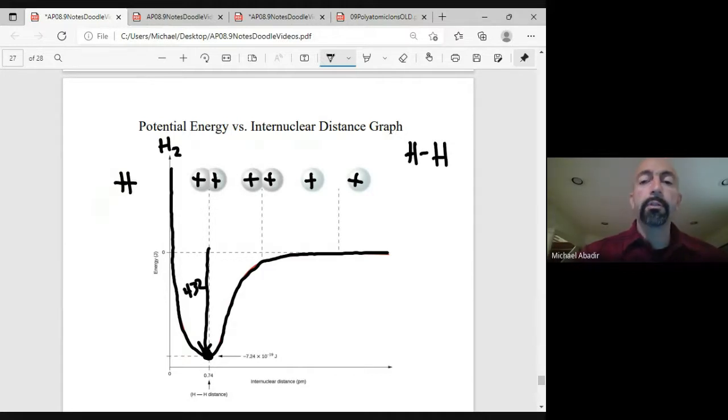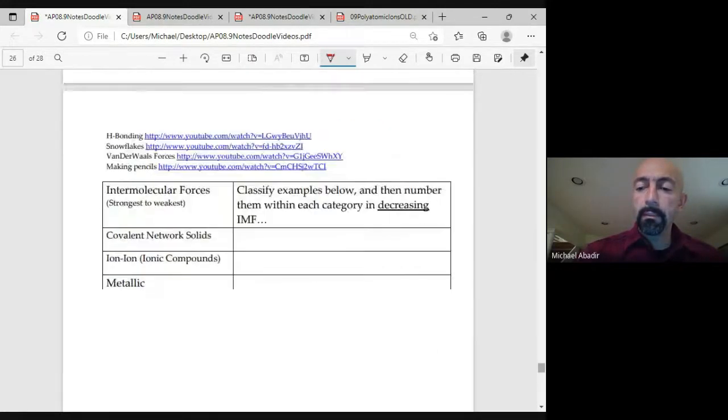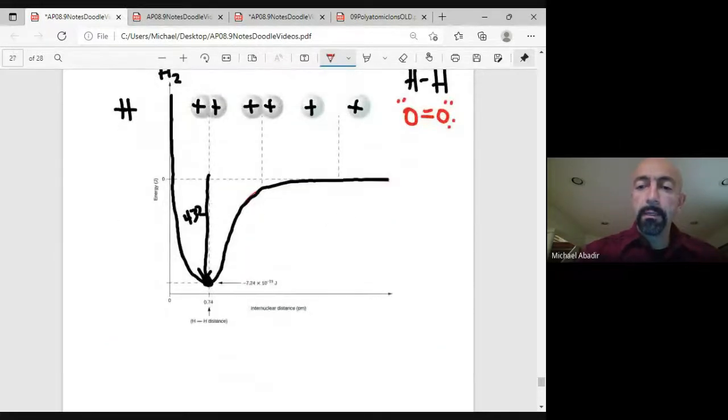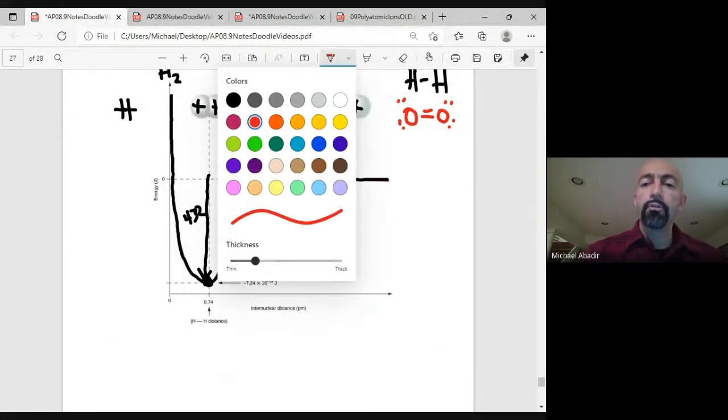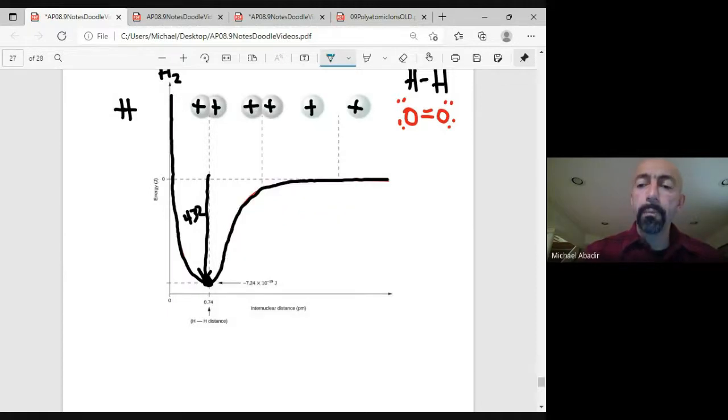If you drew the Lewis structures for oxygen and for nitrogen, you would find out that oxygen is going to have a double bond with two lone pairs. And then the nitrogen is going to have a triple bond with one lone pair.